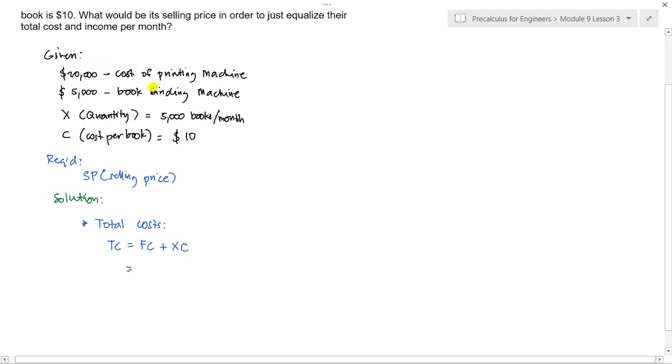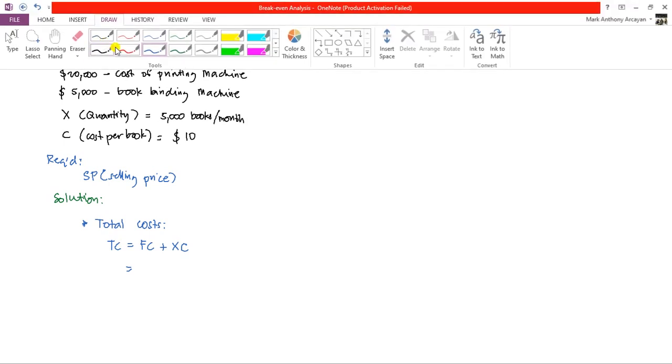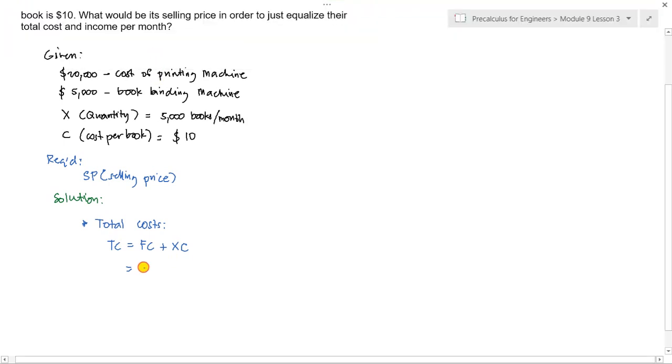That is the sum of the cost of the printing machine and the cost of the book binding machine. So our fixed cost here is $25,000. And then plus, the quantity he can produce per month is 5,000 books.